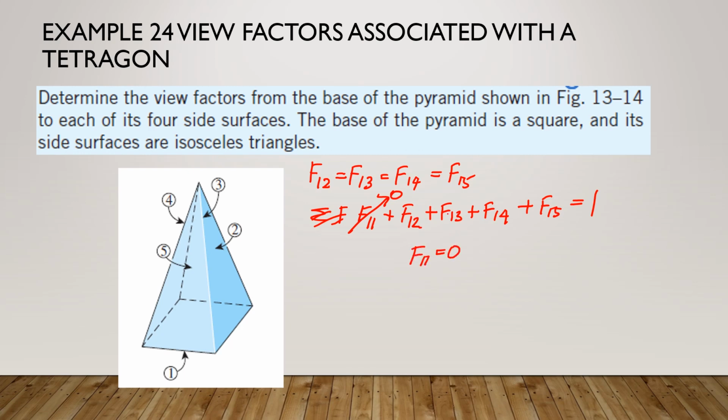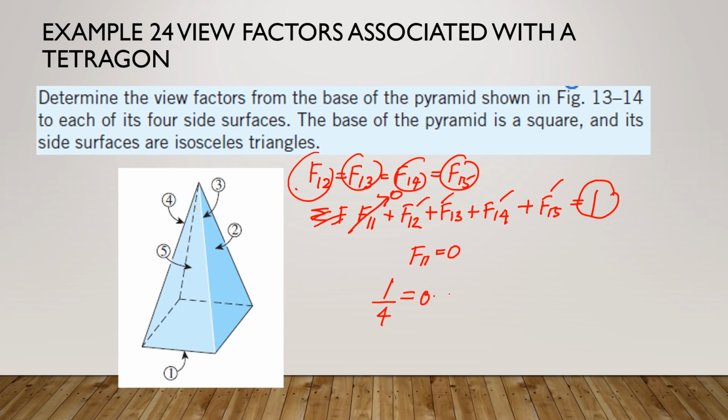Therefore, we have F12, F13, F14, and F15. Under the symmetry rule, we know that all of these view factors are the same. Therefore, we divide 1 by 4 to get F12, F13, F14, F15, which is 0.25.